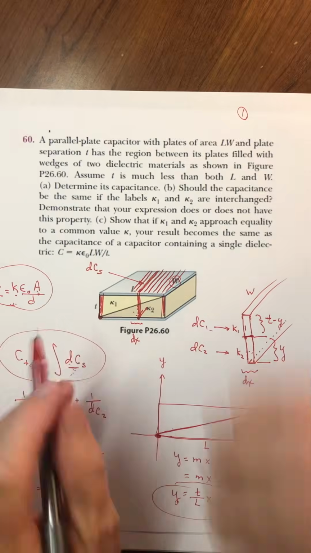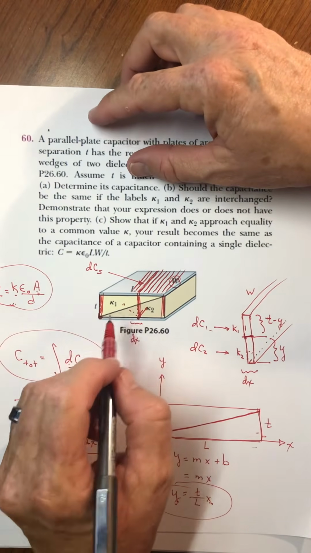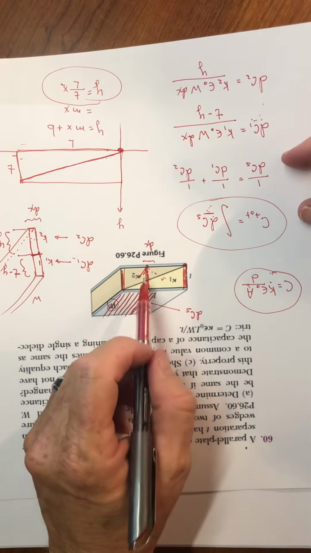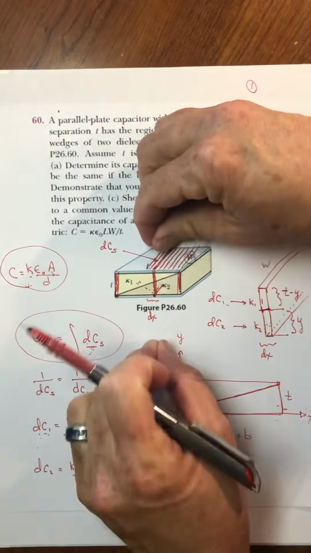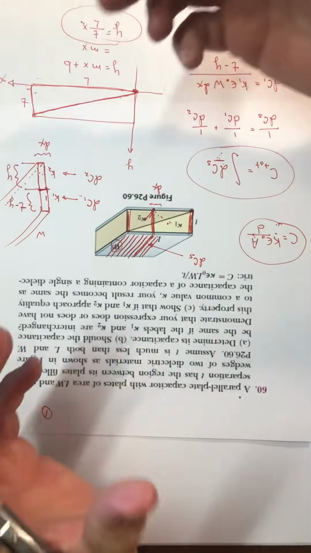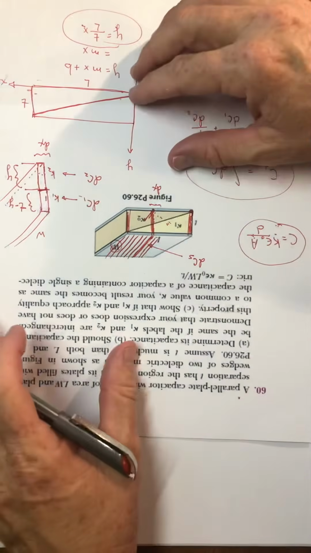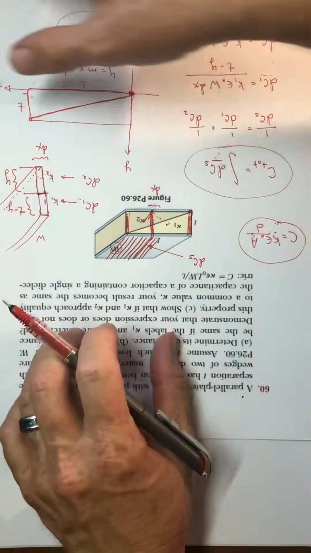I would think that if I had these materials interchanged, it would be really the same as if I just flipped it over like that. Yeah, and flipping it over, it doesn't change the capacitance. I mean, if I took a capacitor meter and I measured it like this, or I stood on my head and I measured it, I would get the same capacitance. So the symmetry of this and the physics of it tells me that I better get the same number.